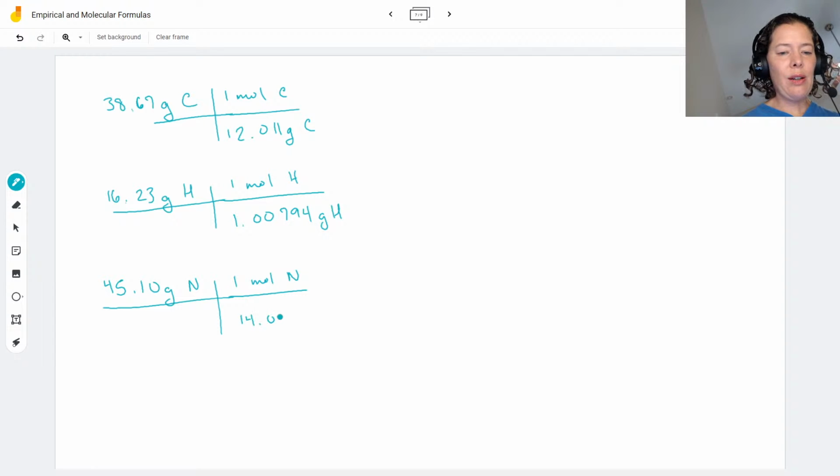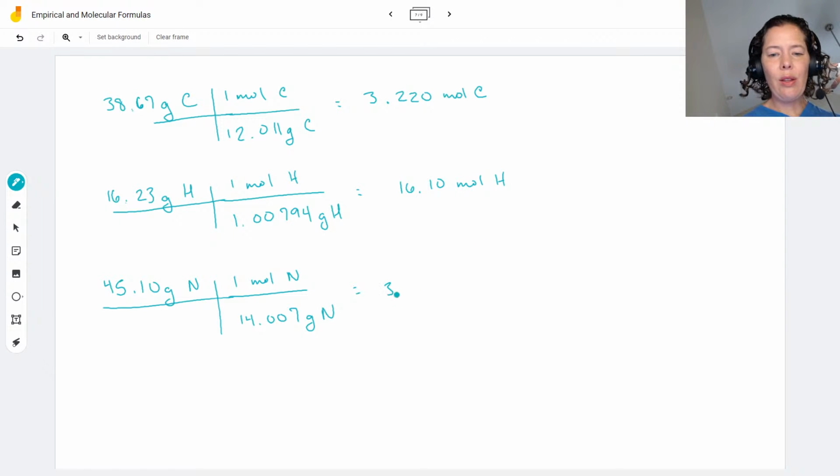Okay, so here is my molar mass of nitrogen. Now I'm going to get all of my moles. So I have, it's going to give me 3.220 moles of carbon and 16.10 moles of hydrogen and 3.220 moles of nitrogen.